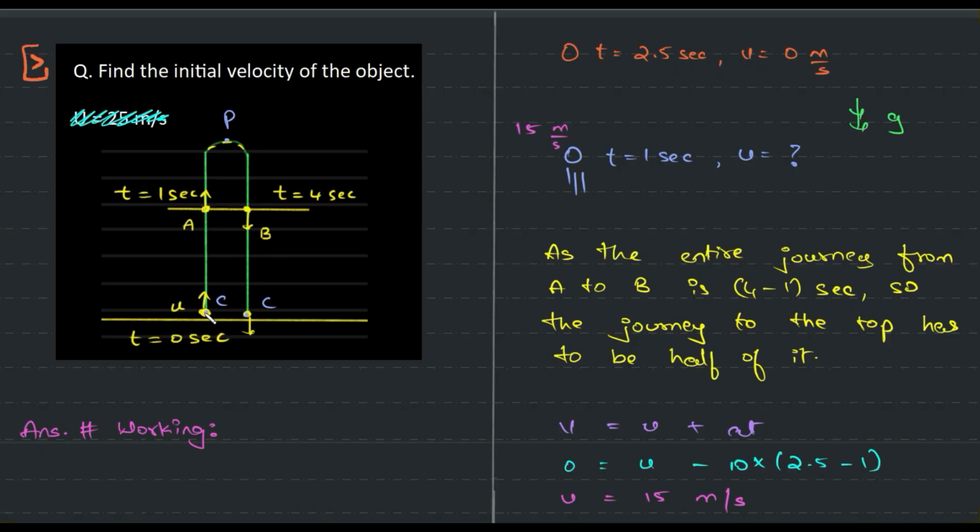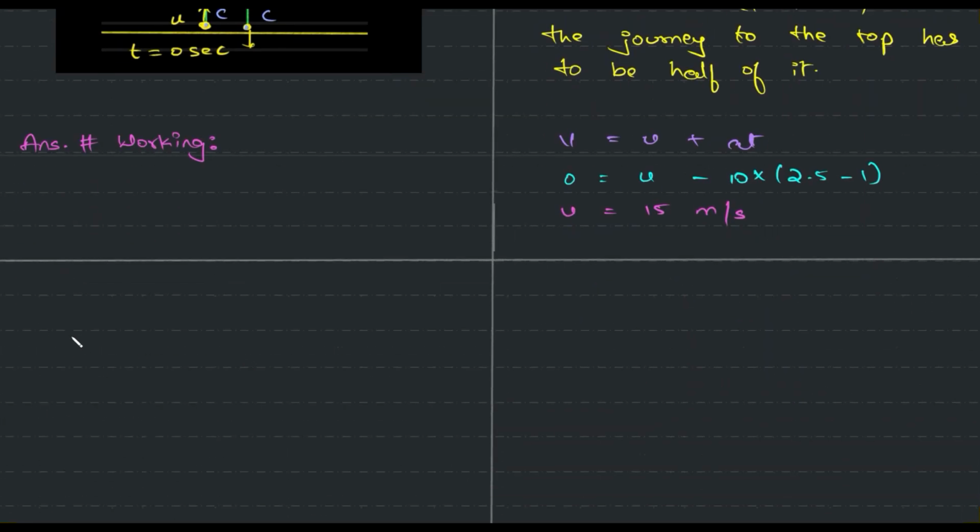And we had to figure out the initial velocity. Okay, so this is falling at 15 meter per second. Oh yeah, sorry, we know the time from C to A. I was thinking, anyways, let me not confuse you guys.